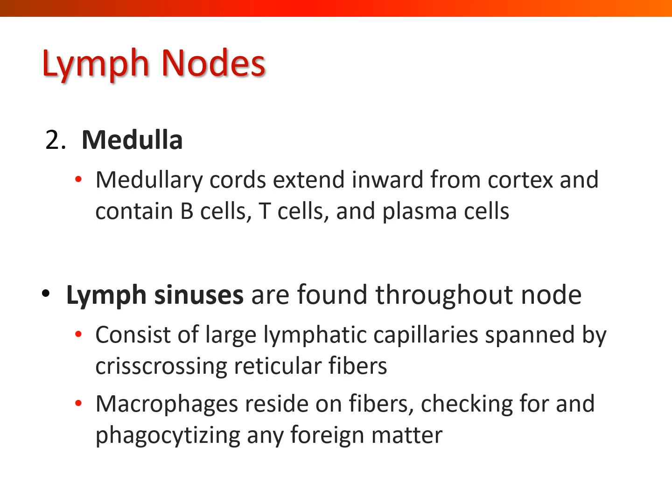And it's all predicated upon what is found in the lymph as it filters through the cortex and into the medulla. Now, we have these structures in the lymph node called lymph sinuses, and they're found throughout the lymph node. These are large lymphatic capillaries that are spanned by crisscrossing reticular fibers, creating the scaffolding that helps give the lymph node shape.